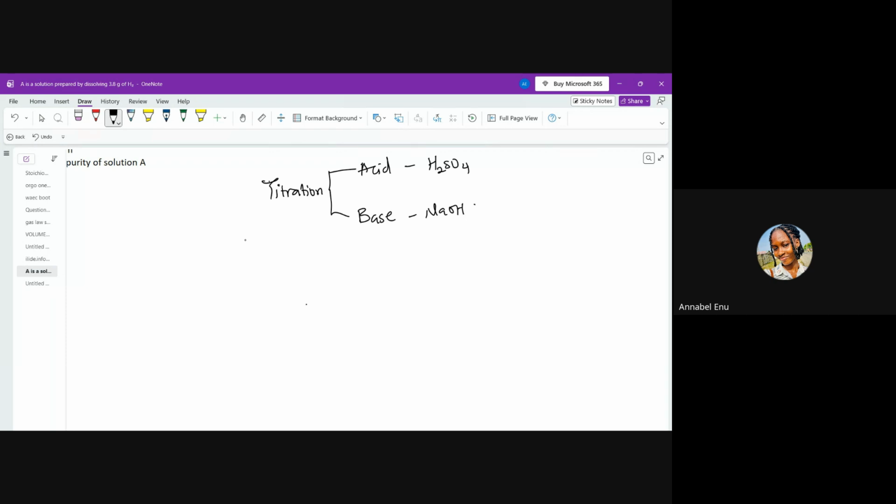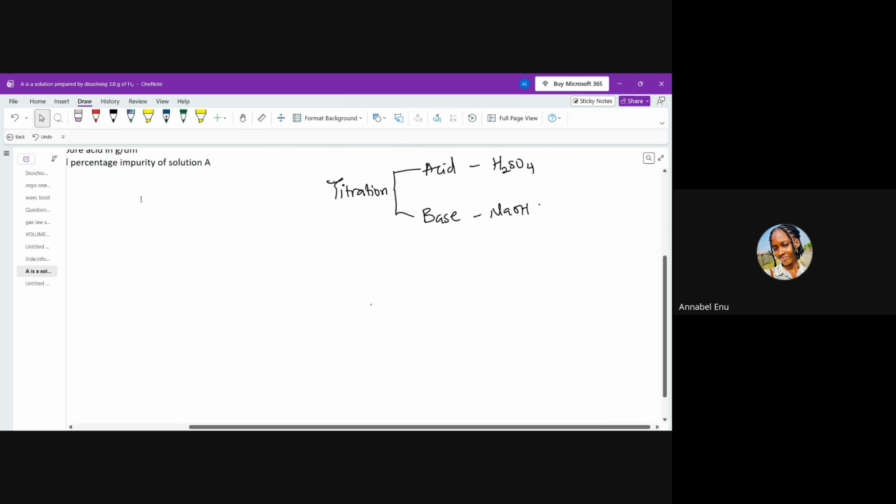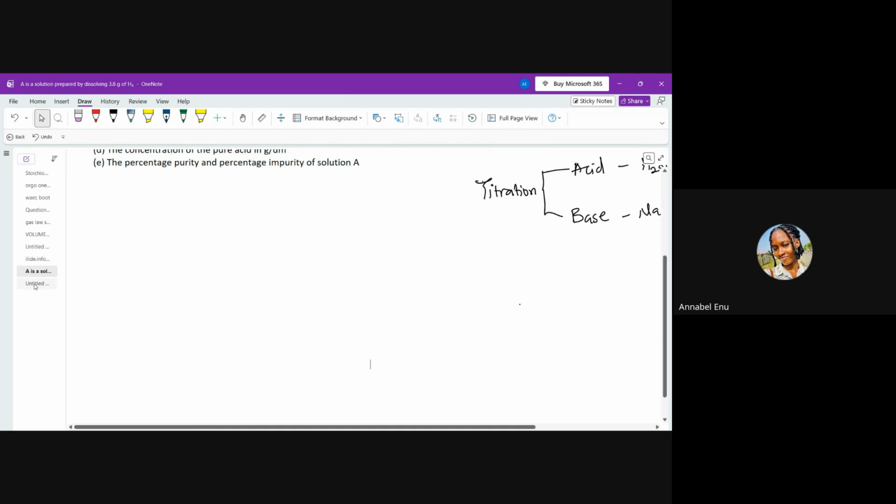Whatever instruction they give you is what you take note of. But some of the time, we tend to make use of our acid in the burette. So whichever one, you just have to be keen to the instruction.